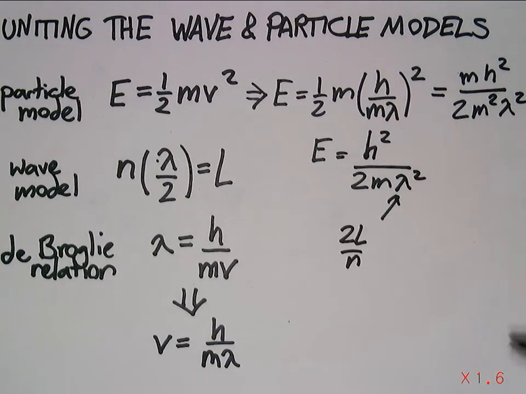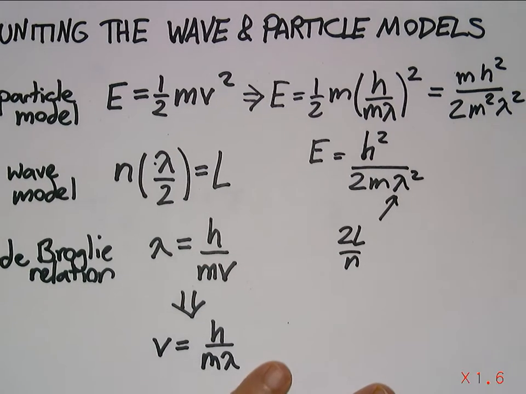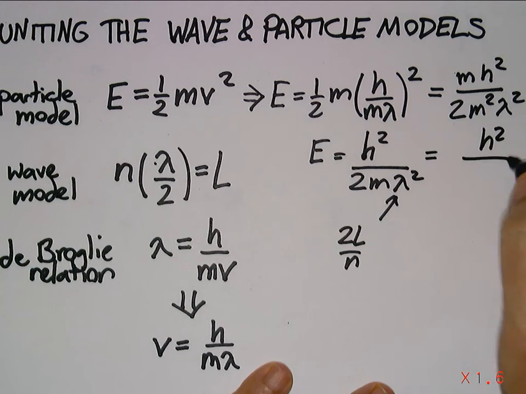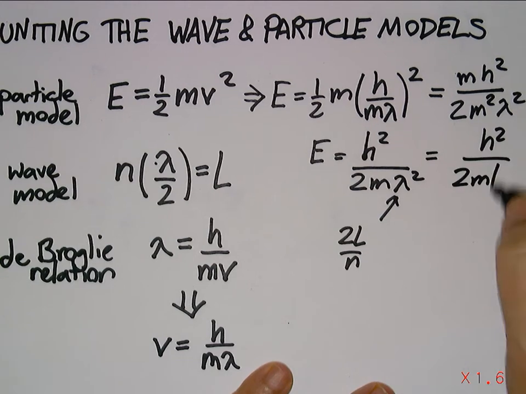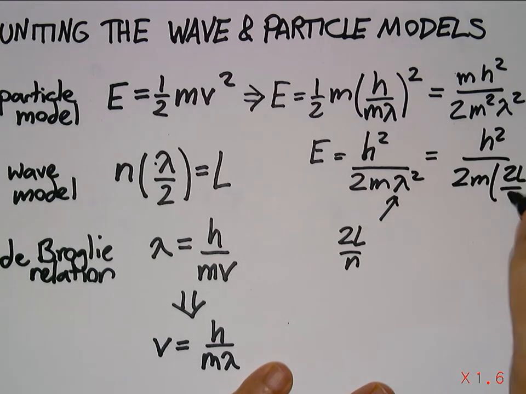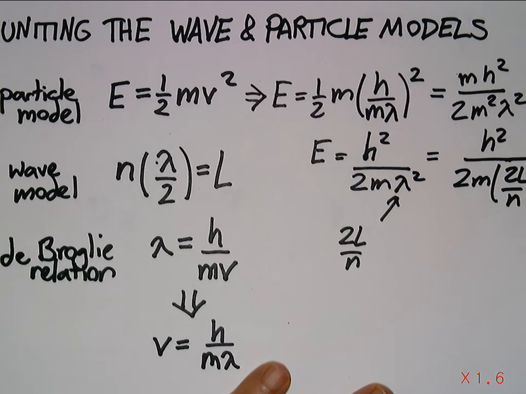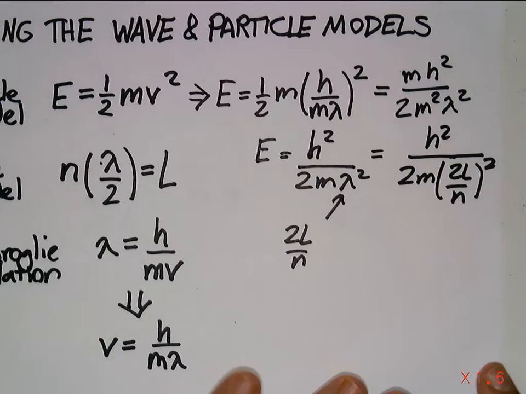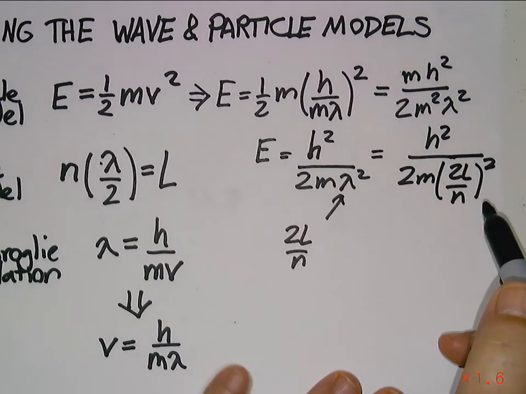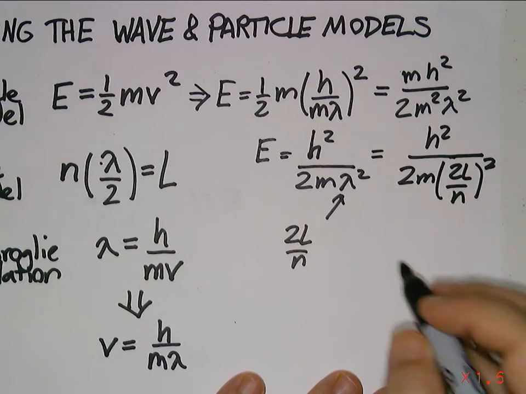So I can replace wherever I see lambda with 2L over n. And that's going to be, alright, this is almost where I want to be. I just have to simplify this. Let's take the parentheses off there.